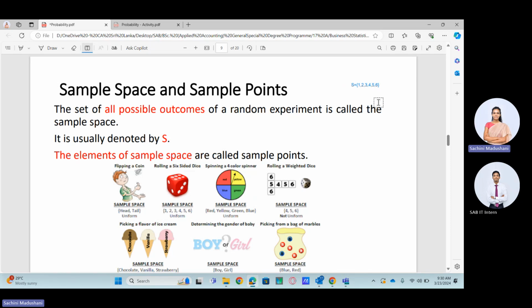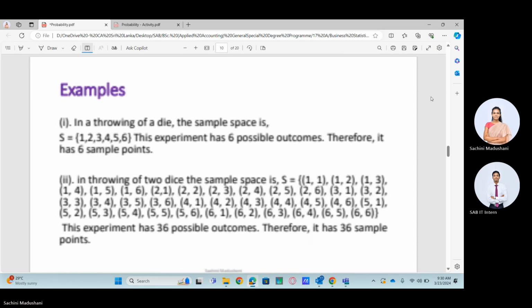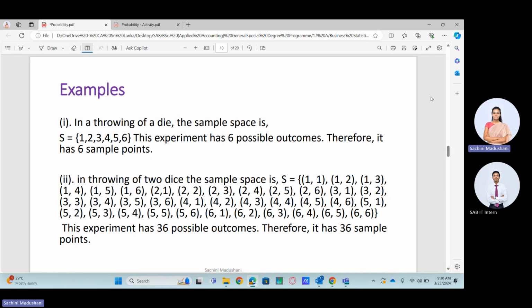Here, how many sample points? 6. There are 6 sample points. Sample points means elements of the sample space. Then this is the example.